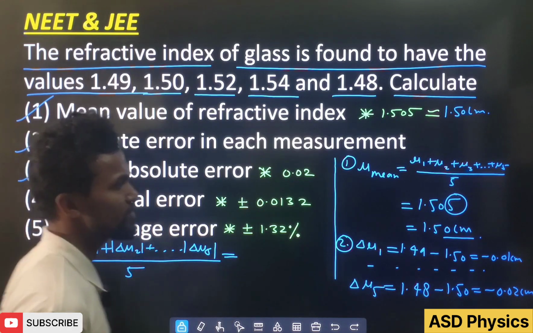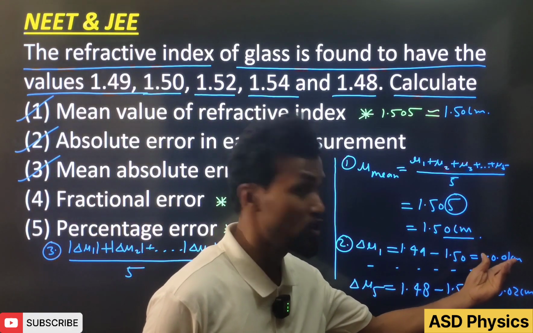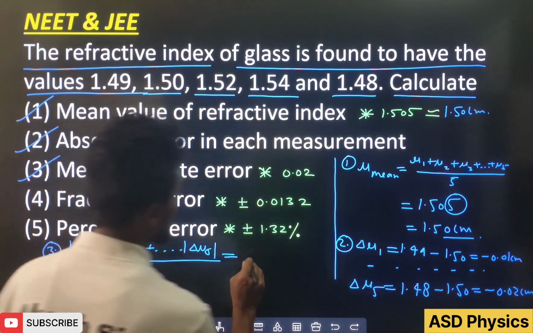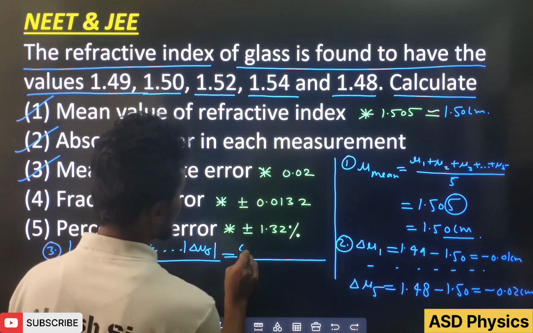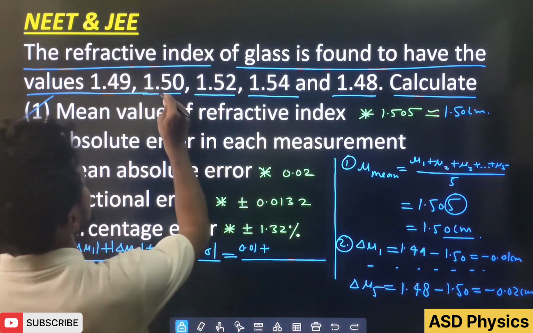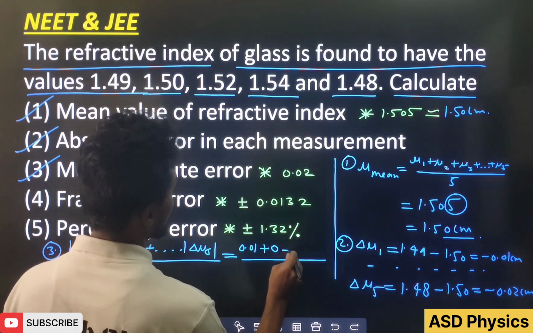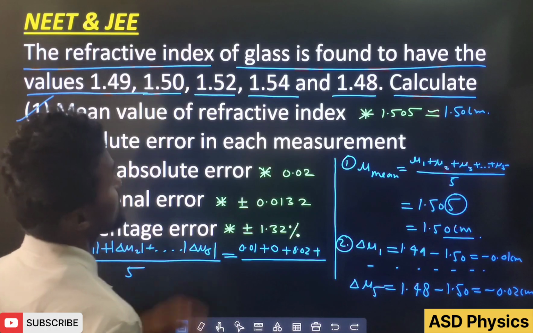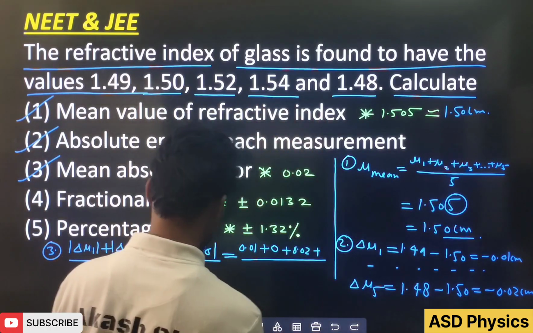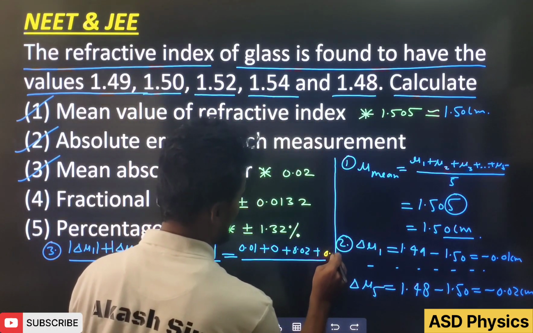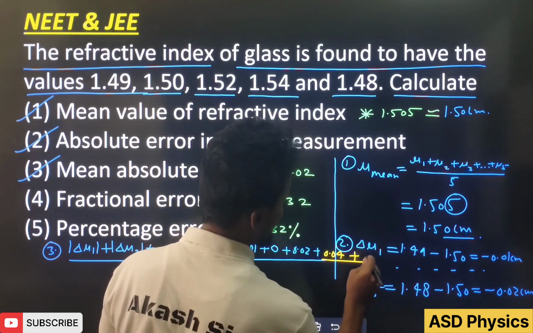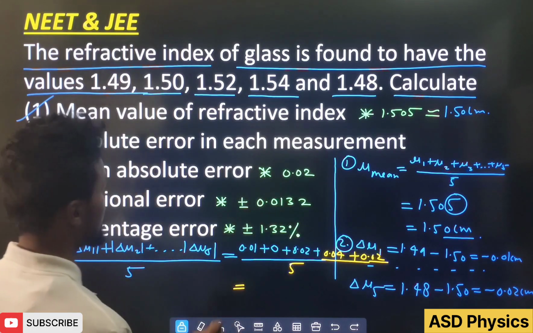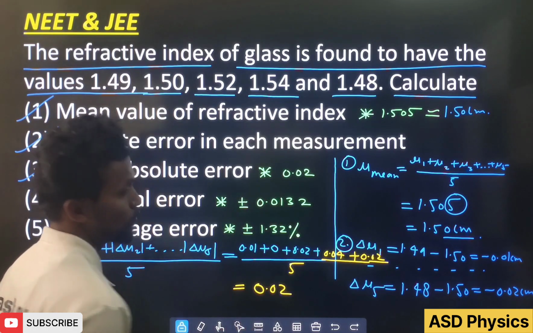So see, 0.01 plus next one, 1.50 minus 1.50, 0. Next one, 1.52 minus 1.50, 0.02. Plus here 1.54 minus 1.50, what will come? 0.04. Plus again 0.02, divided by 5. When you simplify this, students, the mean absolute error is 0.02.